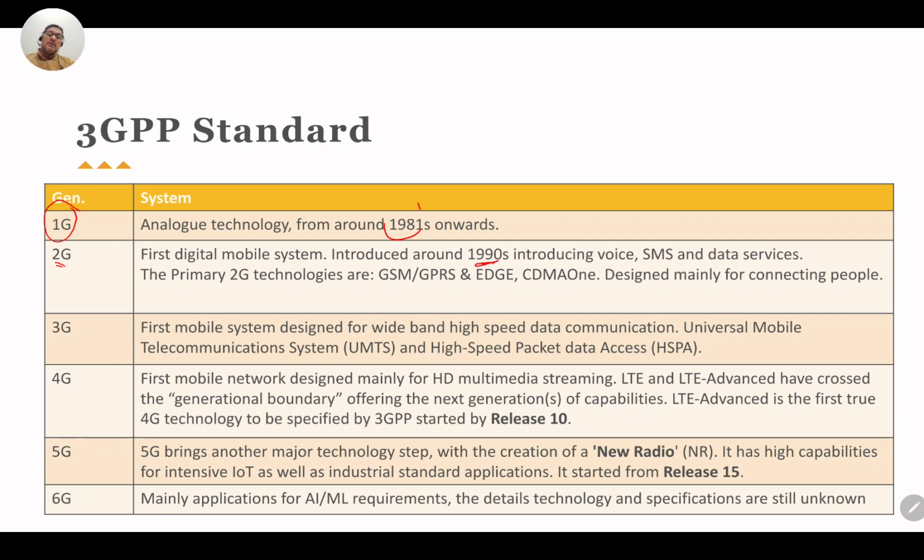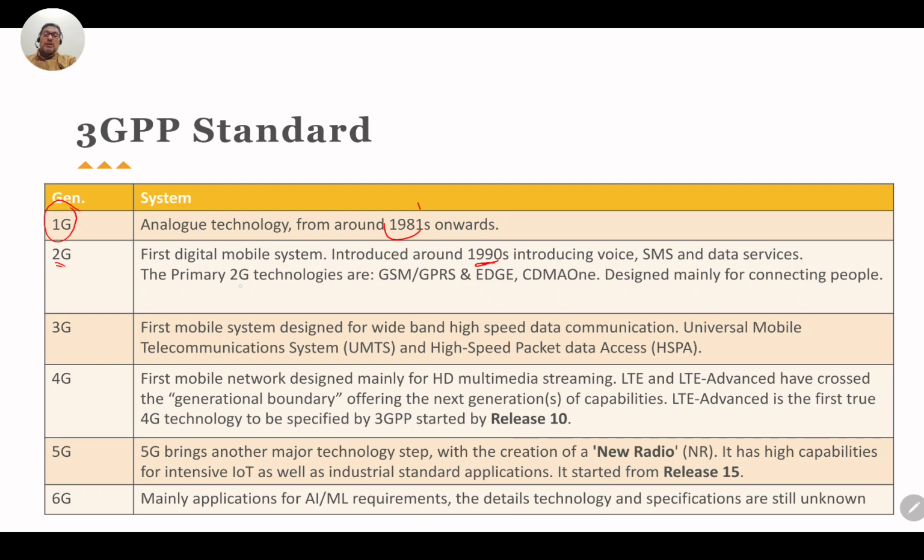the main objective was to provide voice and messages over that standard, to connect people over voice communication and messages. Even though messaging actually came a little bit later, the main objective in the beginning was voice communication.